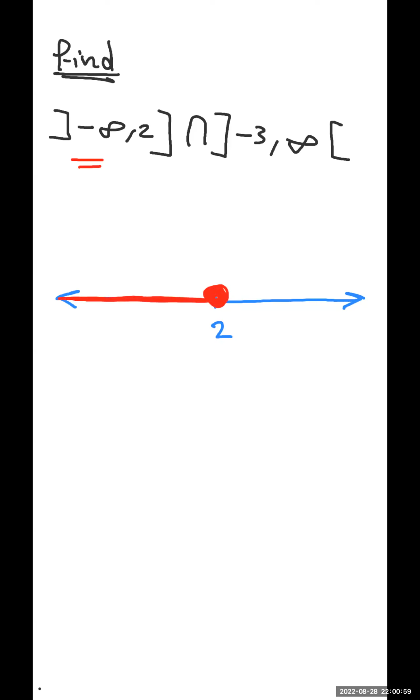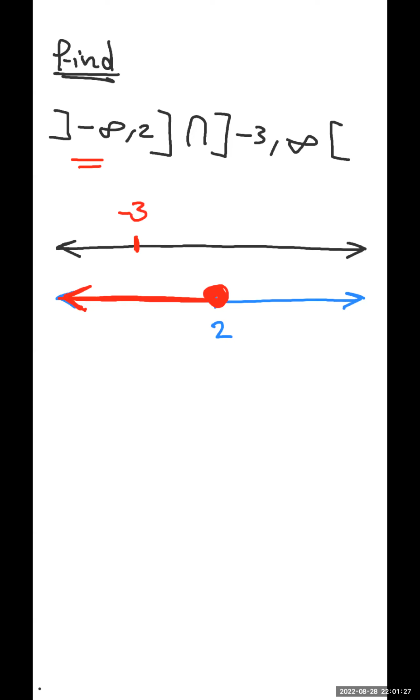Correct? The second interval. Number line. -3. Guys, my question, will -3 be on the right side of 2 or on the left side? Left side. Exactly. So this means -3 may be here, correct?